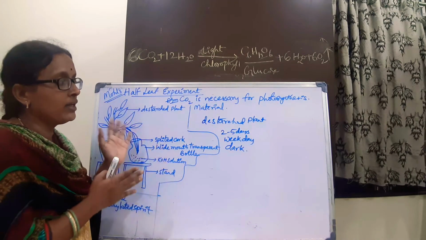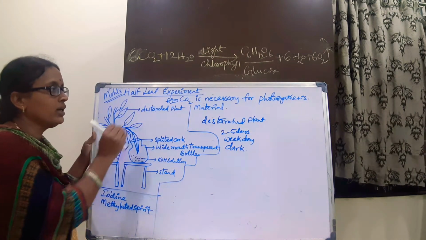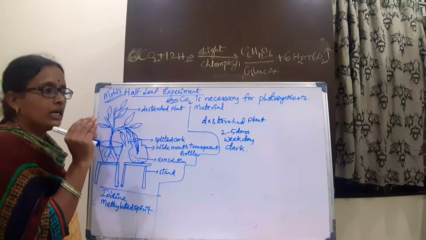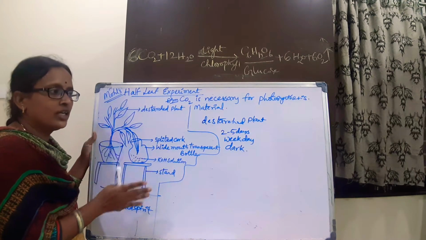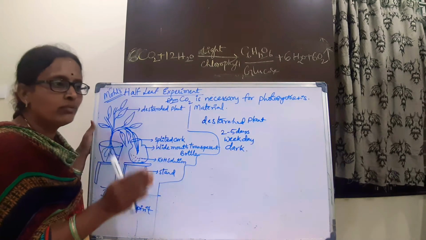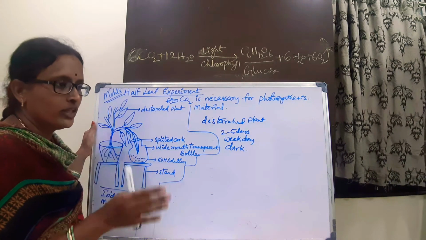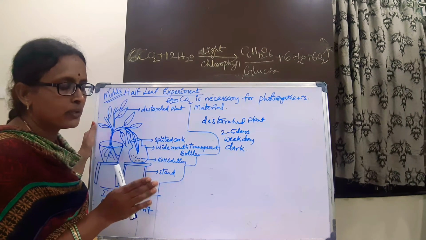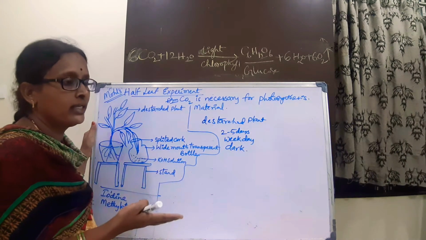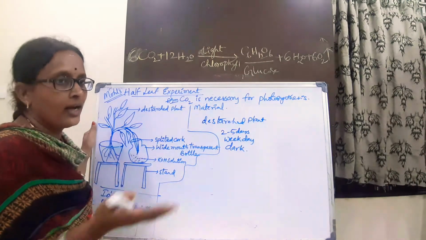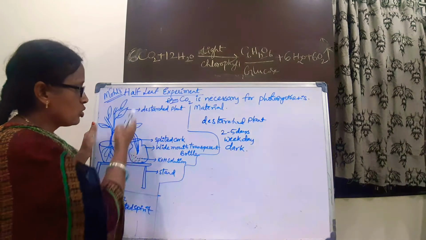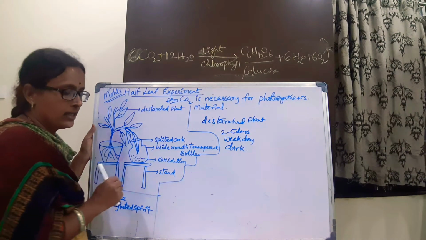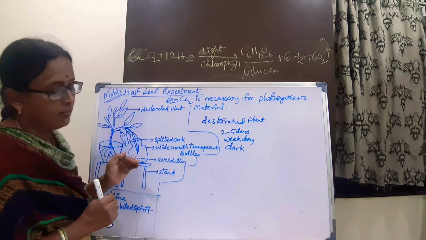Simply by keeping the plant for 1 week in a dark room. In the dark, the plant cannot perform photosynthesis, so for its survival, the food materials prepared previously are utilized. Like that, we are removing the starch from the plant.